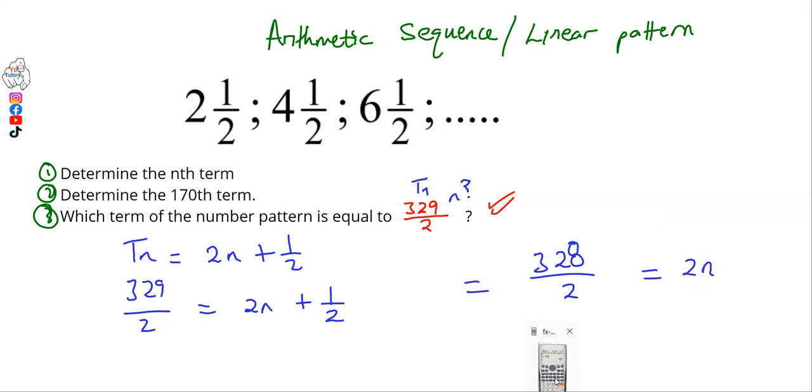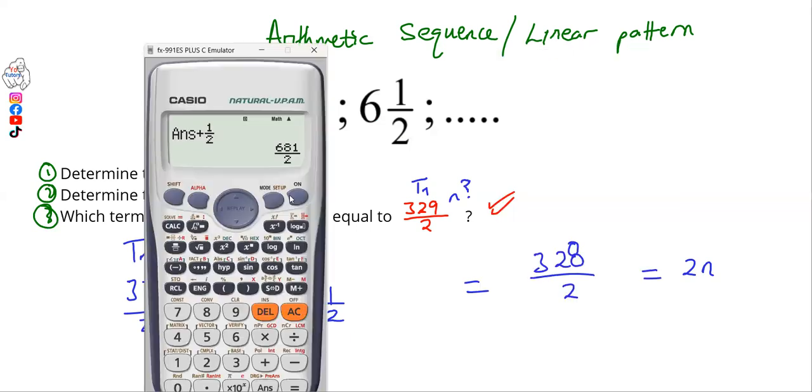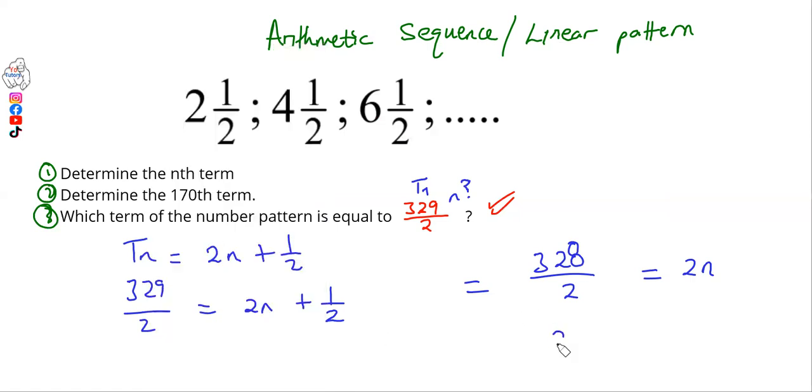If we divide 328 over 2 by 2, we're simply dividing by 4. We're going to get 82. So here n is equal to 82. This is our final answer.